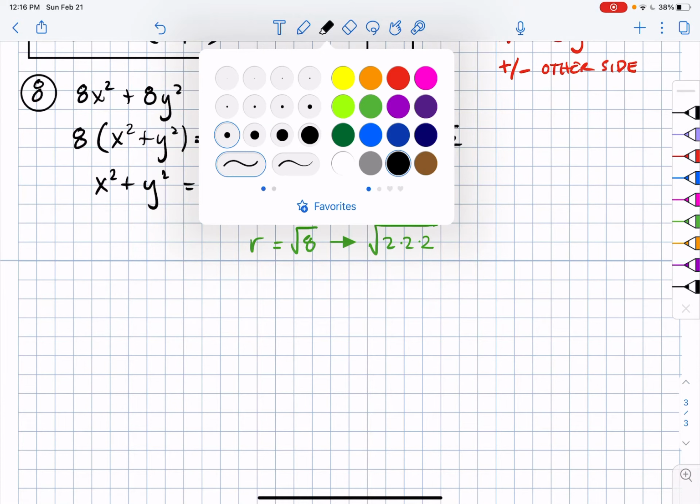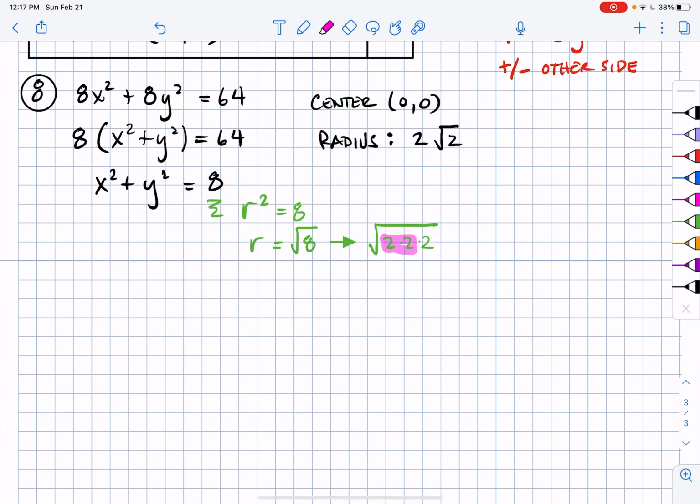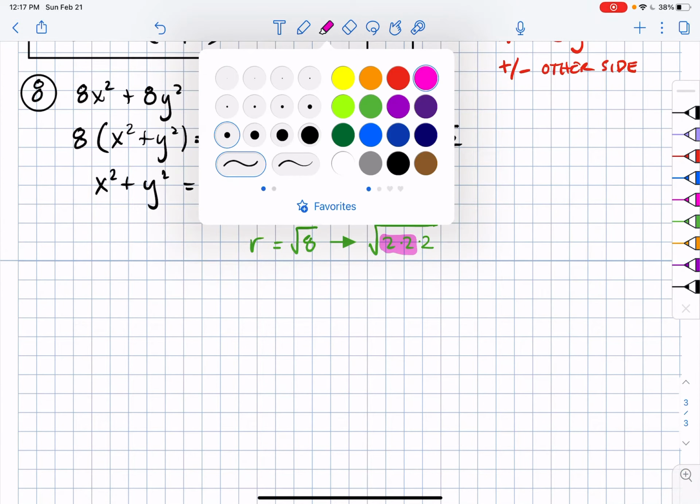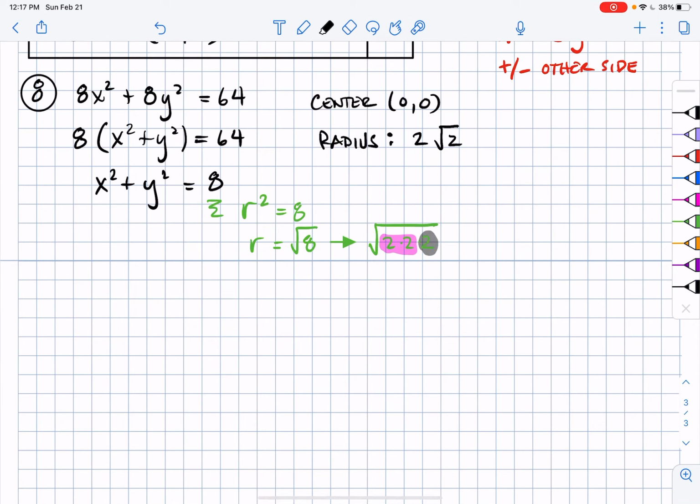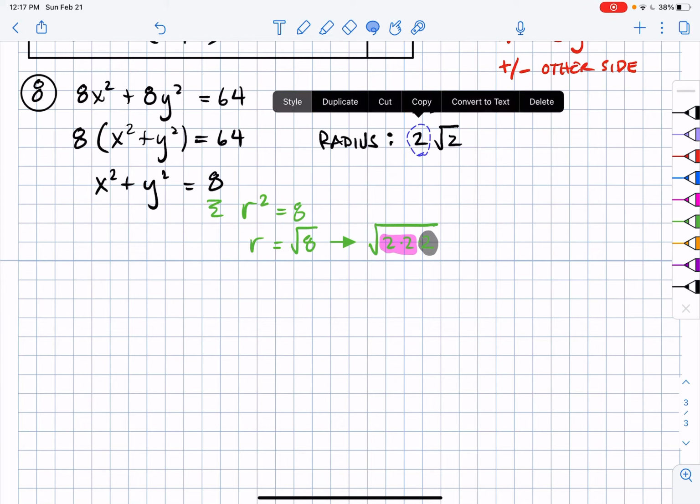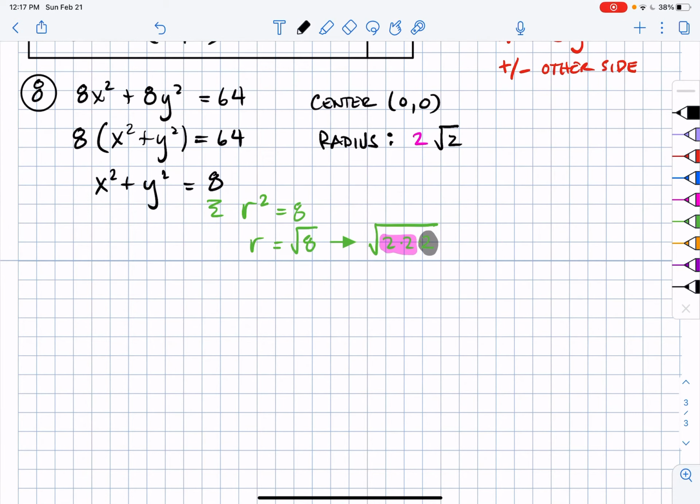And then I have a pair of 2's here with 1 left over. So that means this right here would be what's highlighted in fuchsia, and obviously the 2 that's left inside is highlighted in black. So number 8 is choice D.